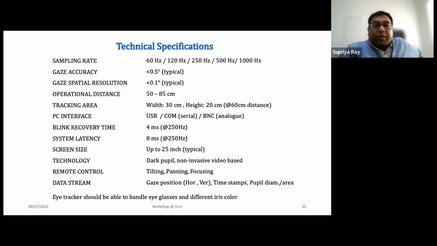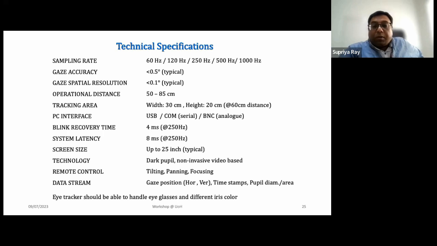Screen size that you can use to display your stimulus, different technologies nowadays, as I said, the technology distinguishes the dark pupil on the white sclera. These are non-invasive techniques.